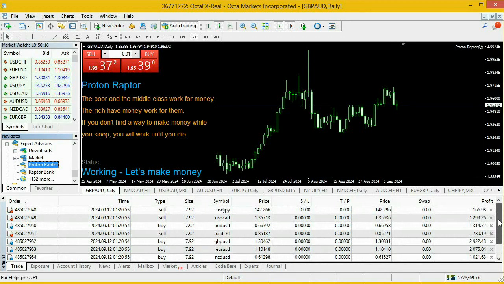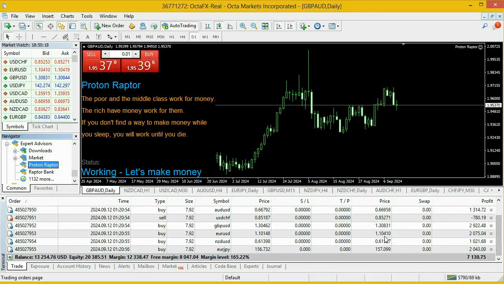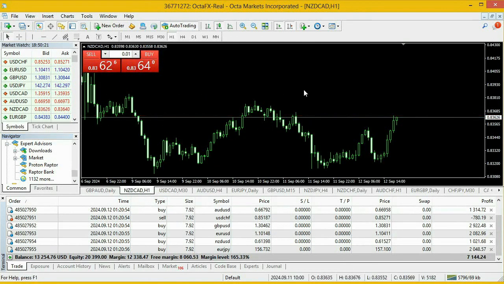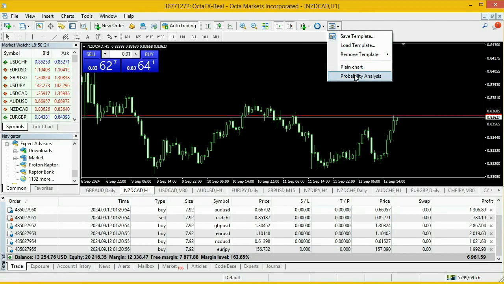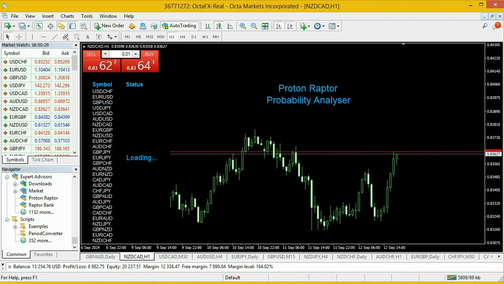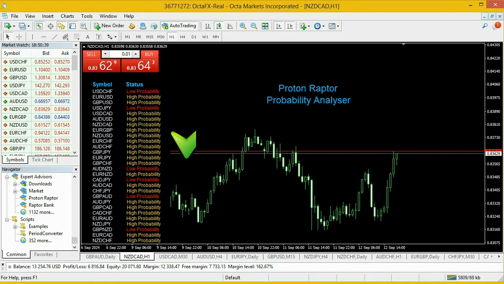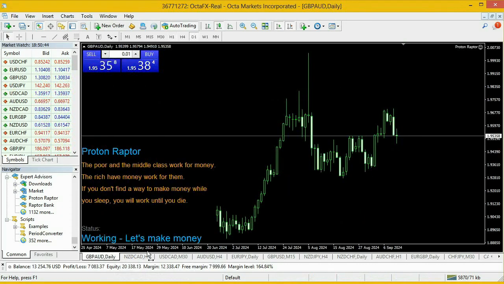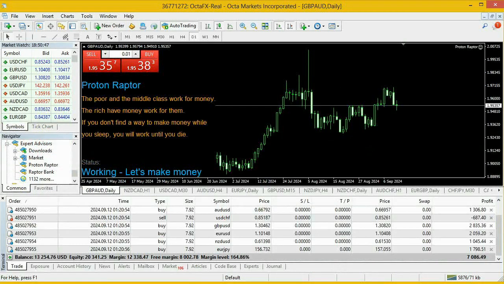Again, these are all the trades. We check our success probability analyzer again. Everything is still good, so we leave things as they are. Moving forward.